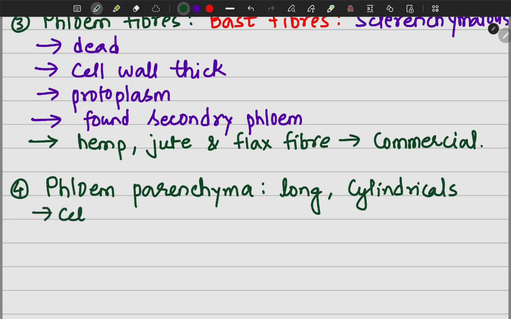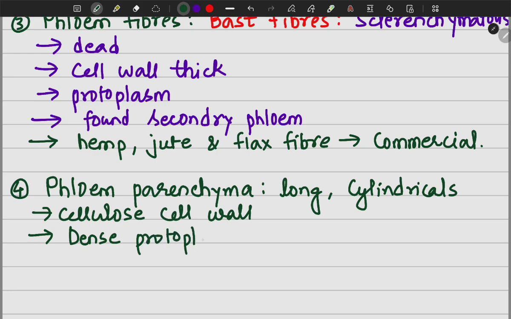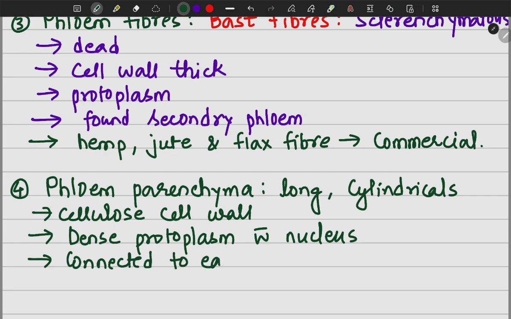Their cell wall is made up of cellulose, they have dense protoplasm with a nucleus, and they are connected to each other through pits.